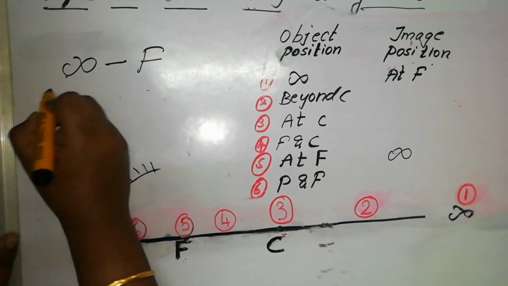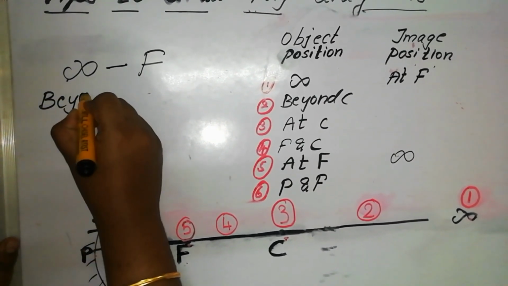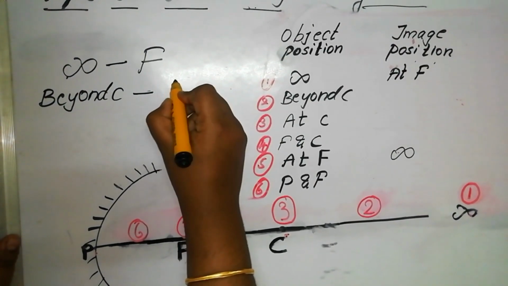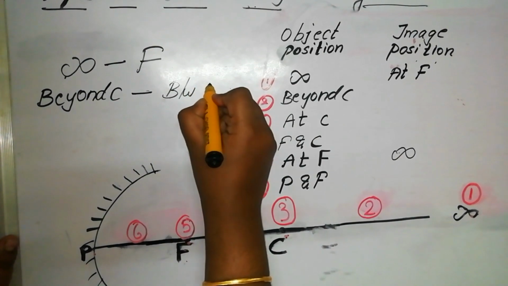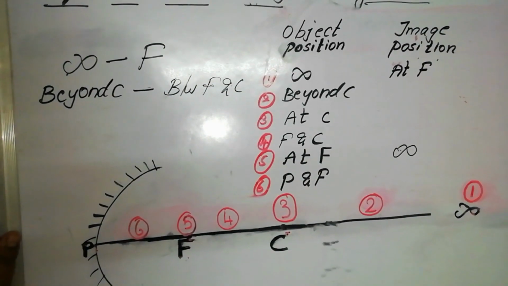Another one is when the object is beyond C, beyond the center of curvature, we will get the image between F and C, that is focal point and the center of curvature.